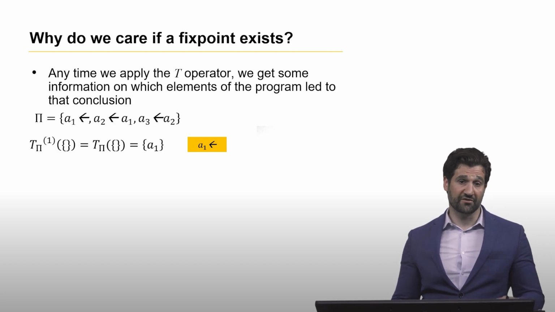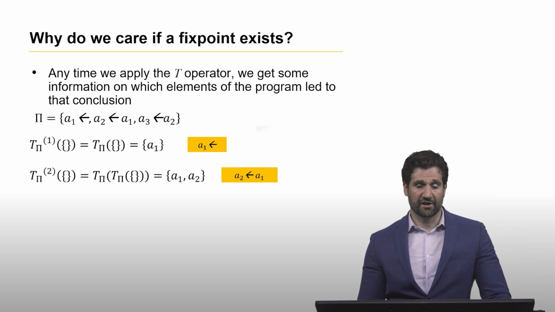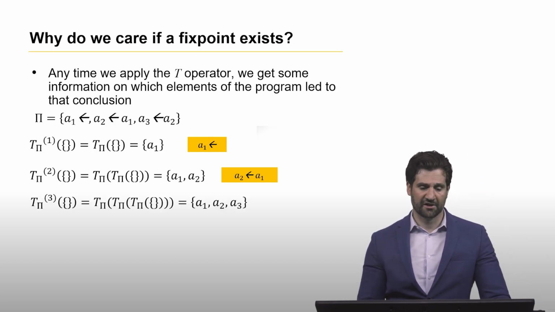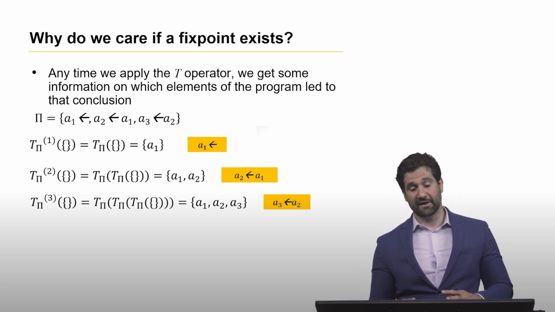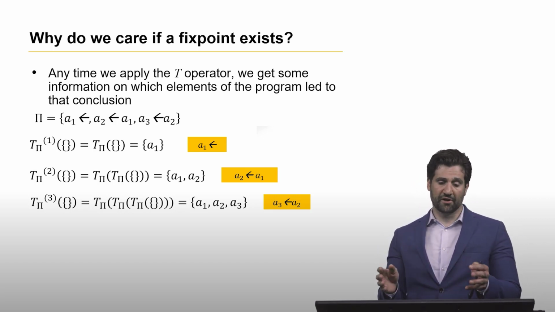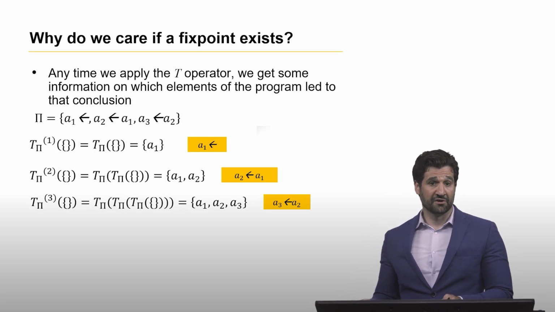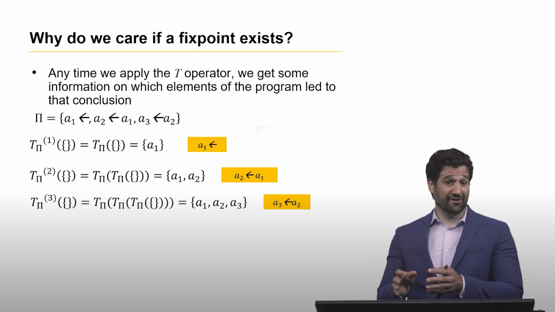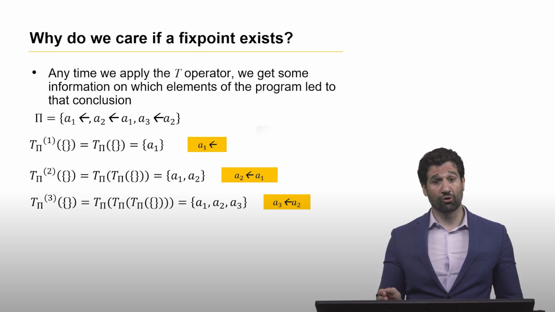To compute this, you have to know what rule was applied. Likewise here, we know rule A1 to A2 was applied, and finally here, A2 to A3. What's really neat about this, without going into the mathematical proof behind it, is that for any atom that's the result of a fixed point computation, there is a series of rules that has to have fired in order to get you there.